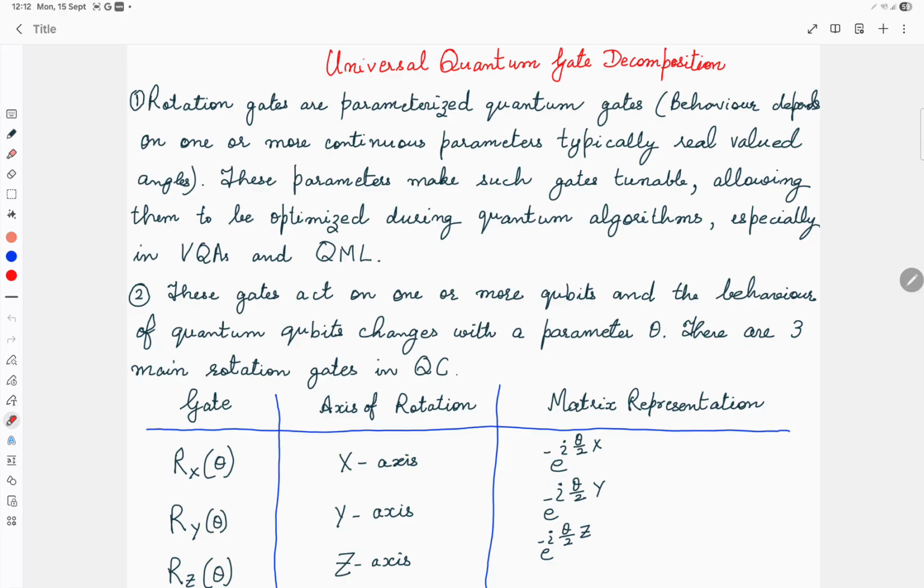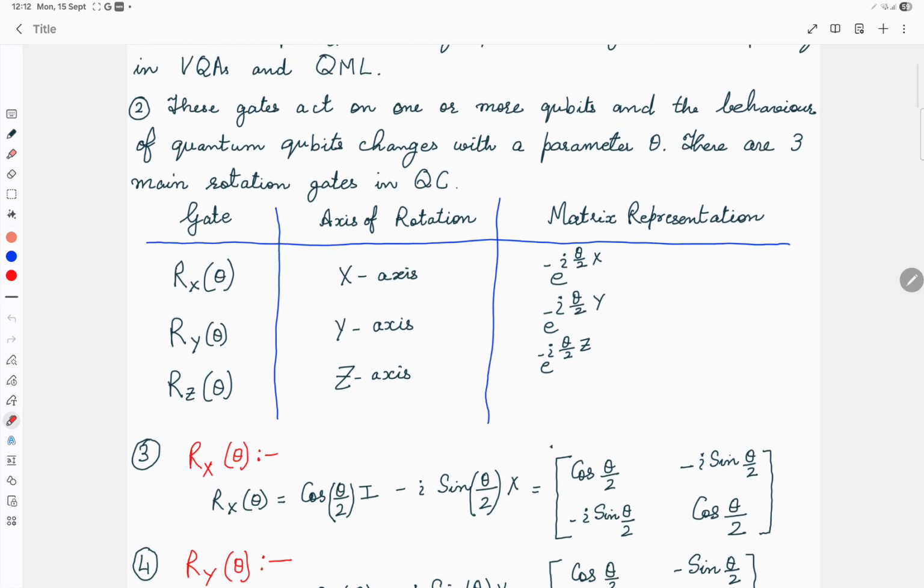Now let us do certain basics of rotation gates. There are three main rotation gates in quantum computing. The first gate is Rx theta, then Ry theta and Rz theta. So x, y, z basically denotes the axis of rotation.